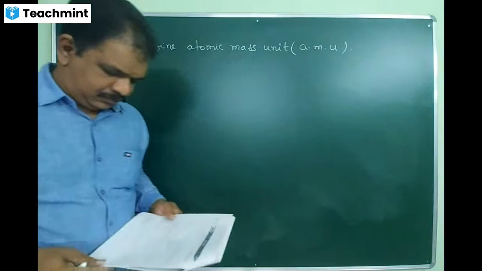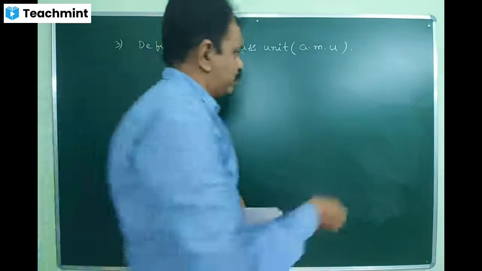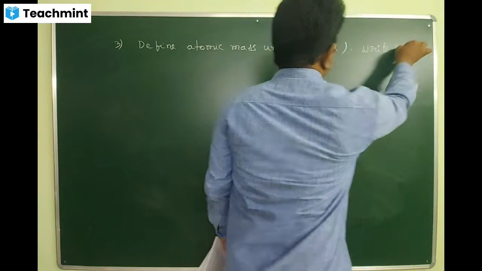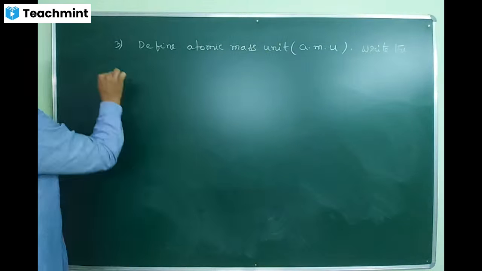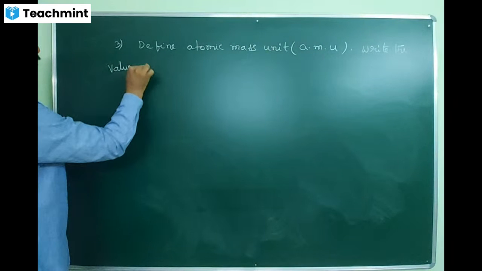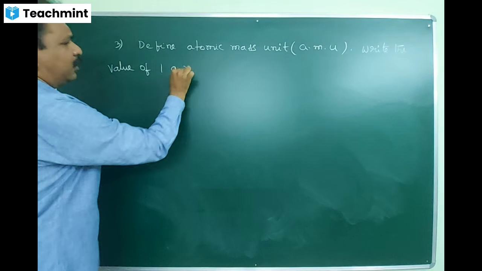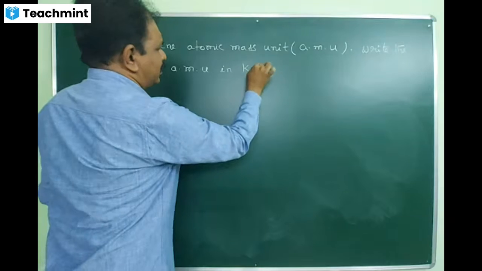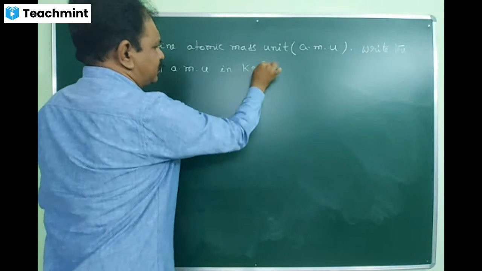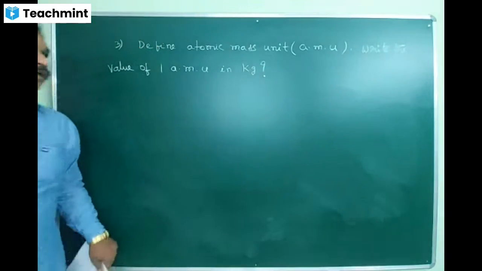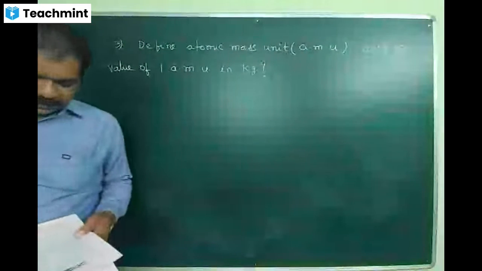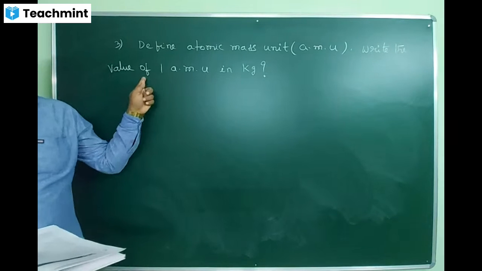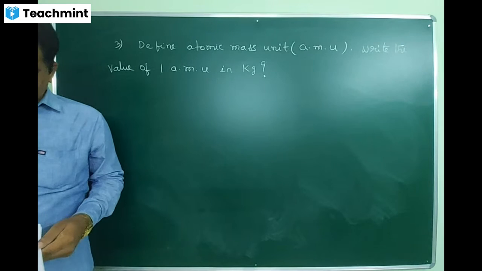Write the value of 1 AMU in kg. Define atomic mass unit. Write the value of 1 AMU in kg. Okay.